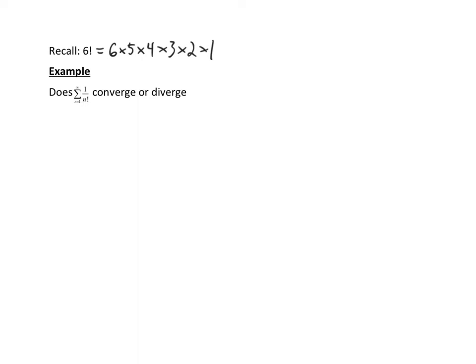So how are we going to use that to help us with this series from 1 to infinity of 1 over n factorial?